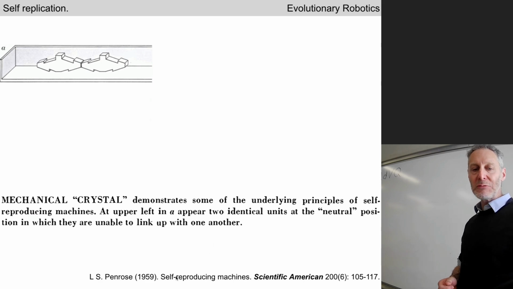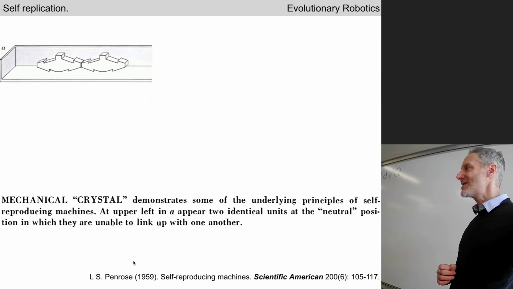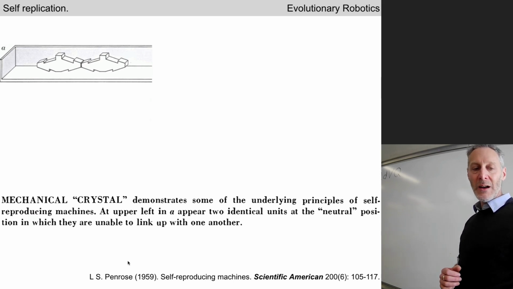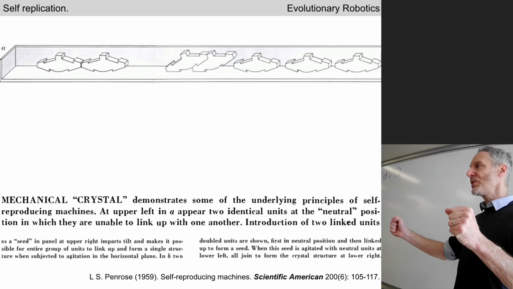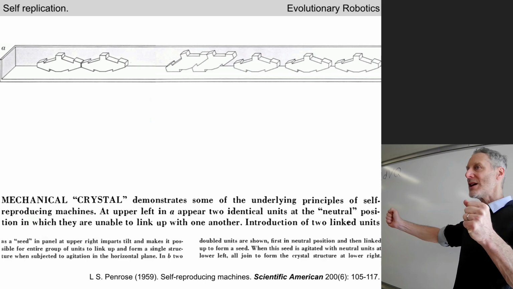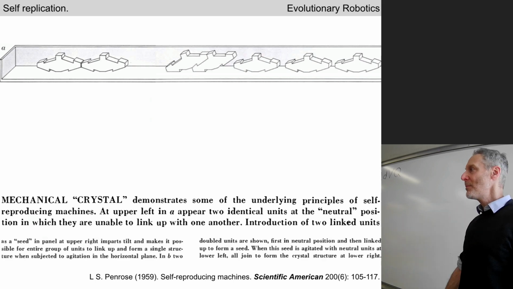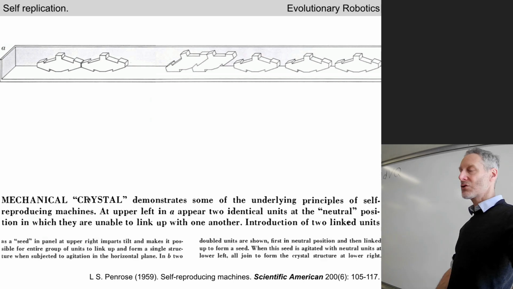So the reading for last time came from a late 1950s Scientific American article where a mathematician, Penrose, in his garage did a little bit of carpentry and showed how if you get the geometry of these little wooden parts just right, and then you apply some energy by shaking this box with these parts in it back and forth, you can get them not to self-replicate, but to create a crystal, something that starts to grow and has repeated patterns across its length.